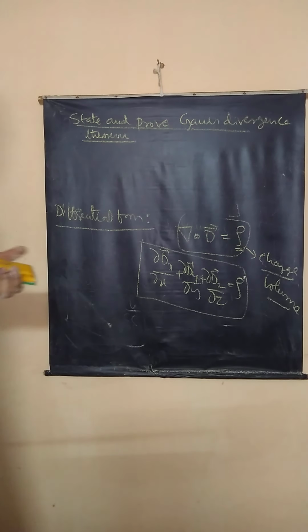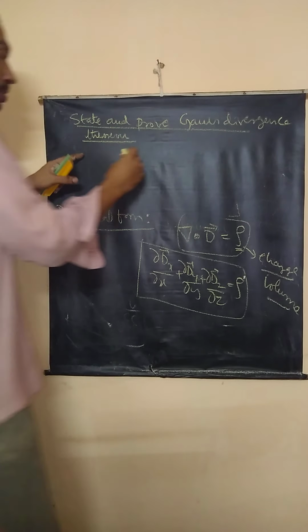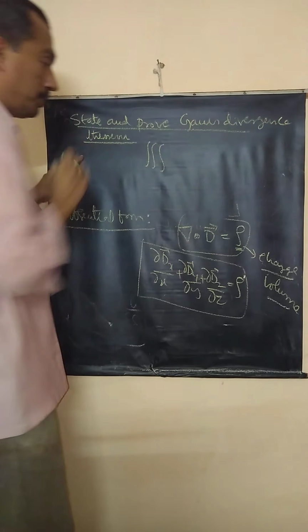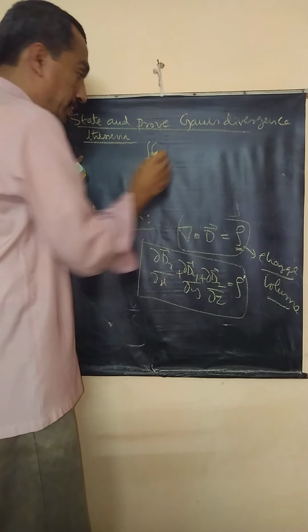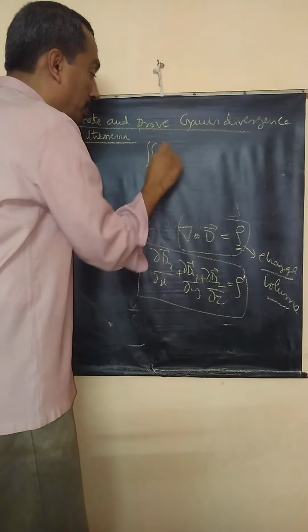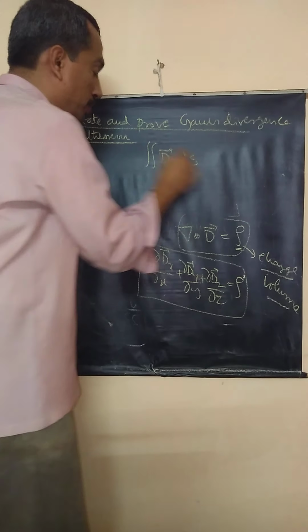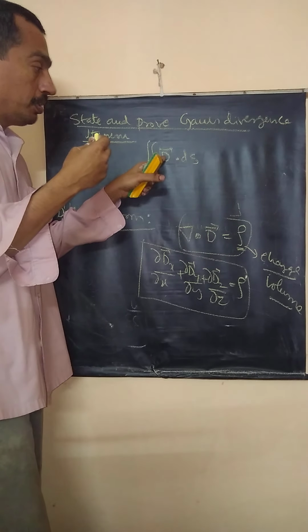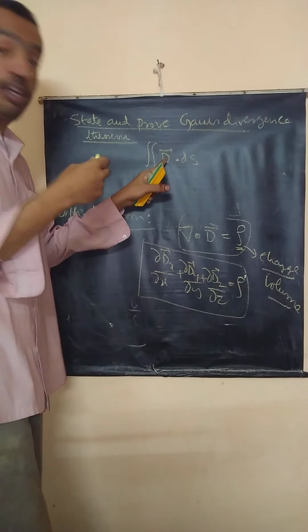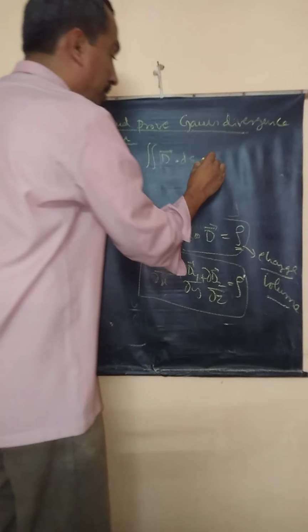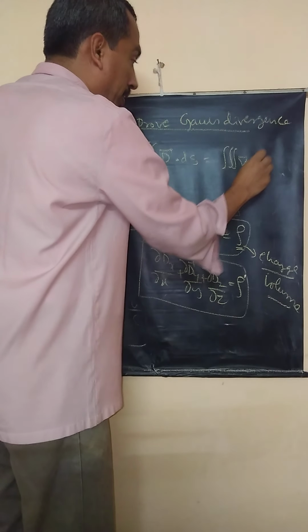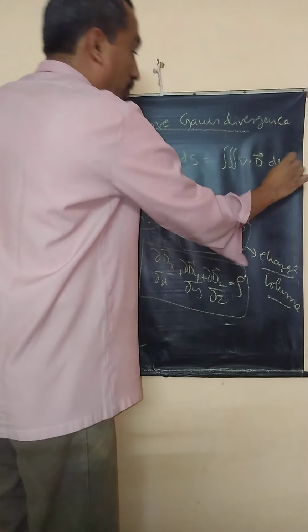What is this theorem? I'll give you the theorem now. Please hear. Total flux. It is the same as Gauss law. Total flux from a closed surface, or the surface integral of a vector, is equal to, see this, the volume integral of the divergence of the vector.